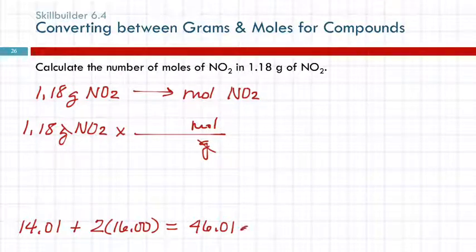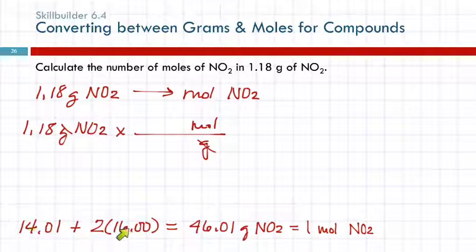That means that 46.01 grams of NO2 is equal to 1 mole of NO2. I highly encourage you to write this out, because if you do it in your head, it's easy to make mistakes. So 1 mole is 46.01 grams.